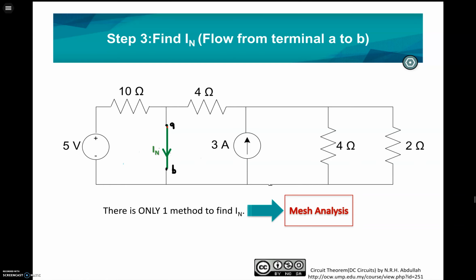You can see that there is a connection between the nodes here and here. It is very difficult if you choose nodal in order to solve this question. So there is only one method that is suitable to find the In, which is the mesh analysis.